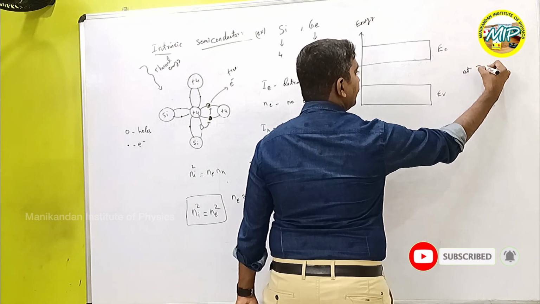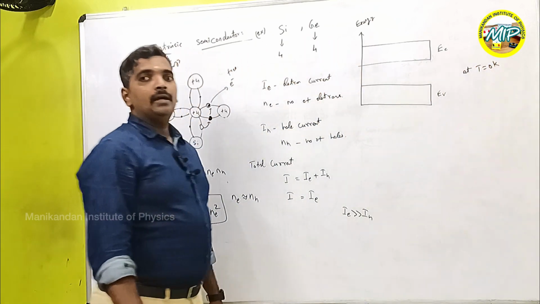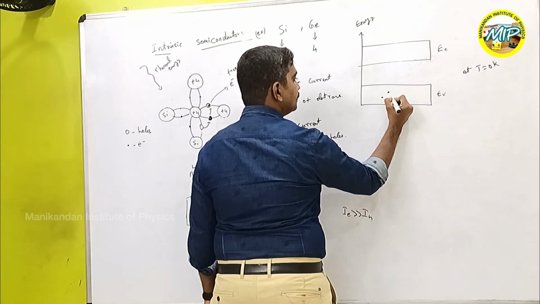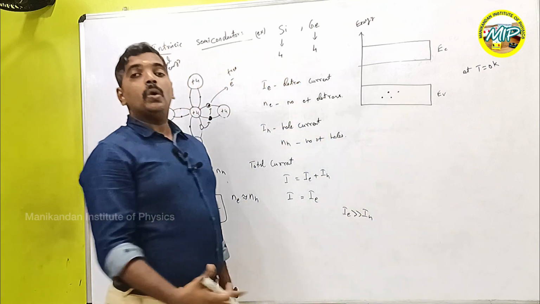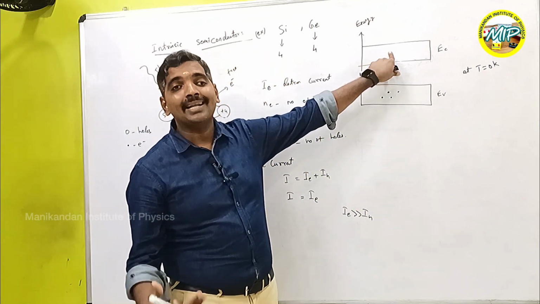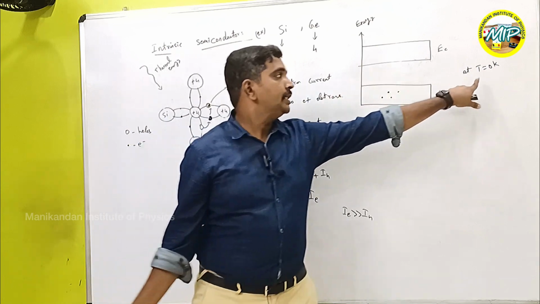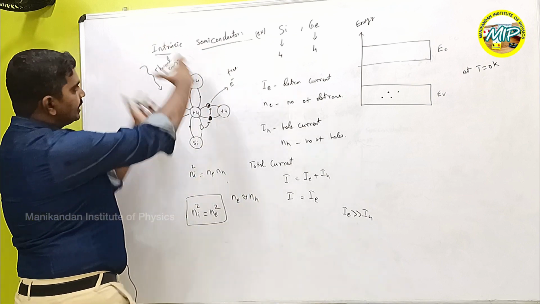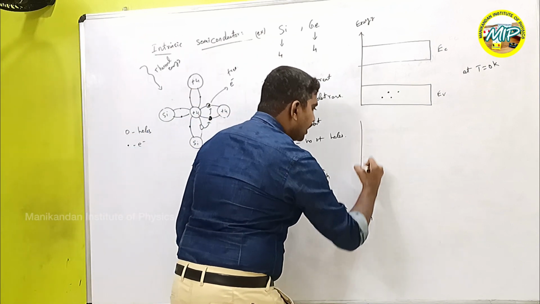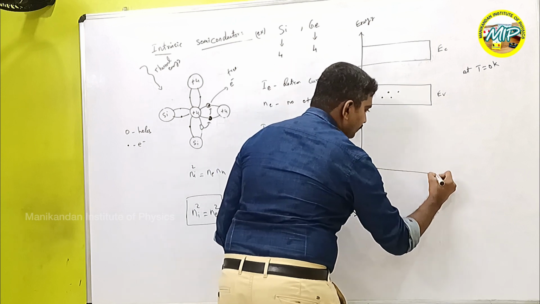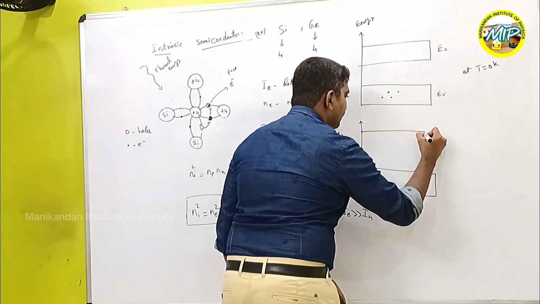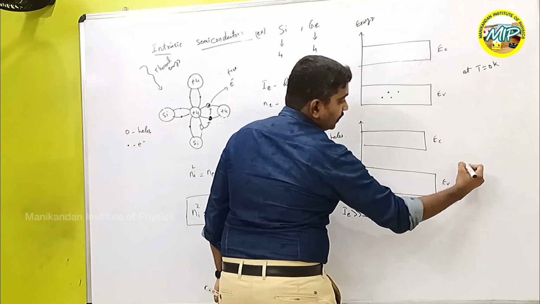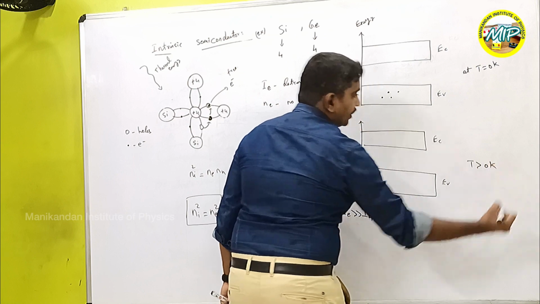At T equal to 0 Kelvin, we have 4 electrons in the valence band and there are no electrons in the conduction band. Next, after applying heat energy, electrons are created here. This is my EC and EV. This is T greater than 0 Kelvin.